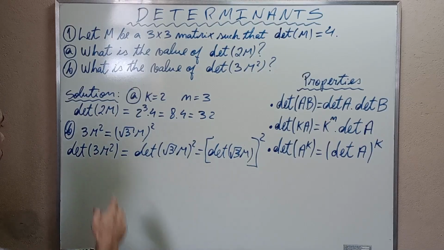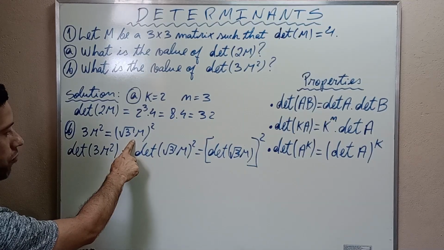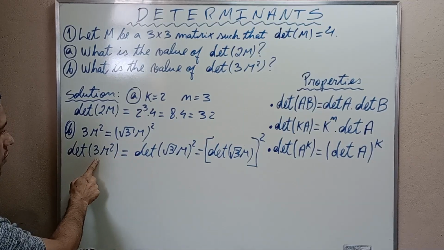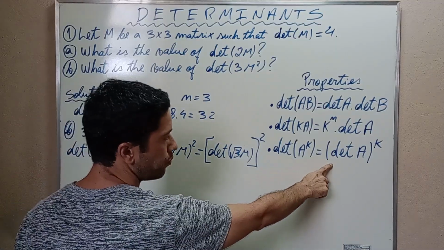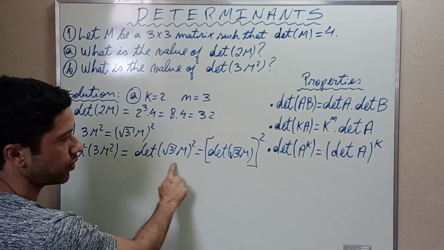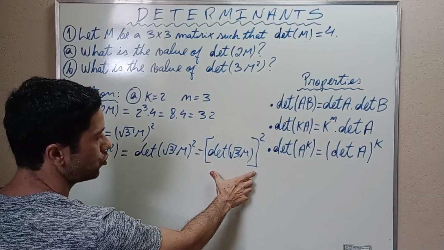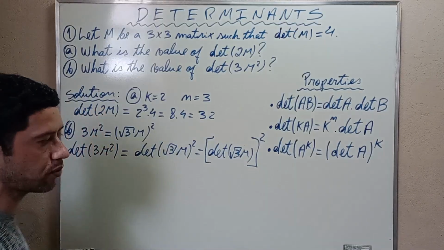Alright? As we saw here, we can write this in this way, and the determinant of this is going to be equal to the determinant of this. And using this property here, the determinant of a matrix squared is equal to the square of the determinant of that matrix, okay?